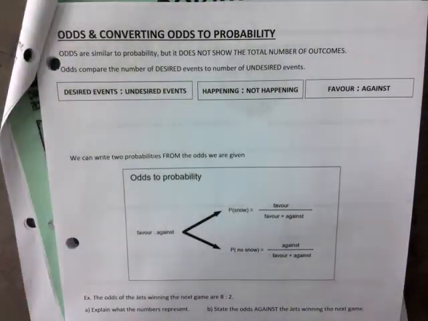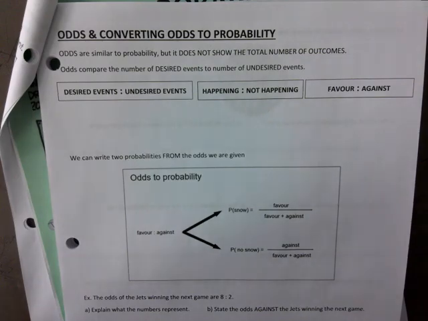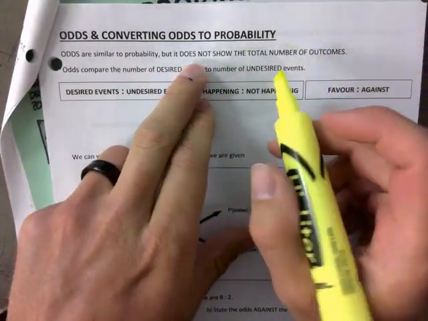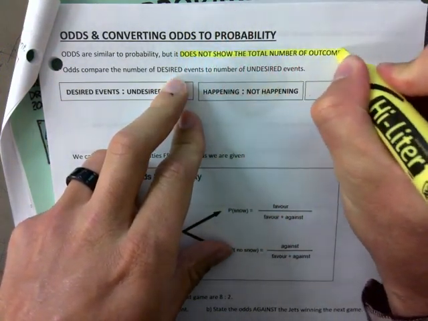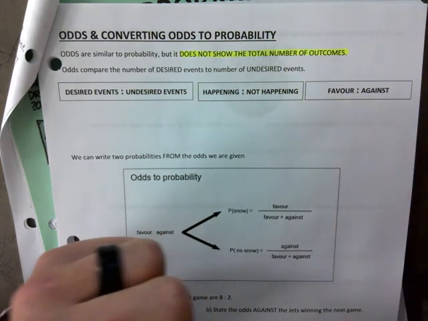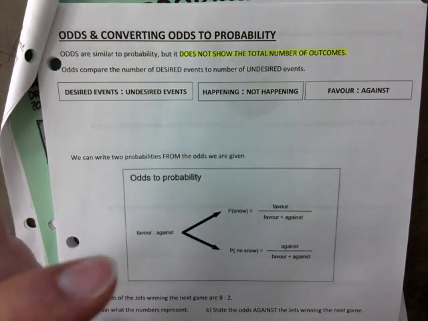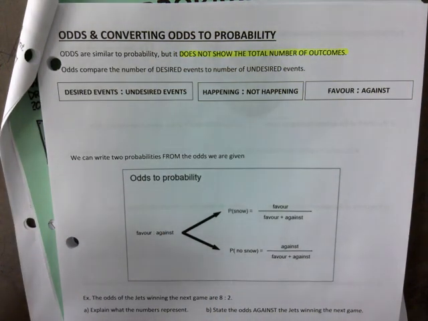So this is on page 16. You see that odds are similar to probability, but do not show the total. So the main difference is that odds do not show the total number of outcomes.